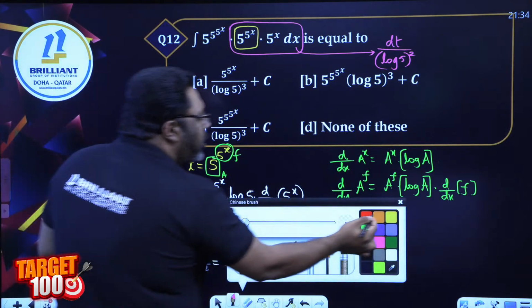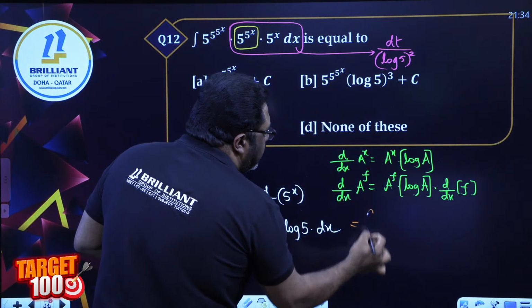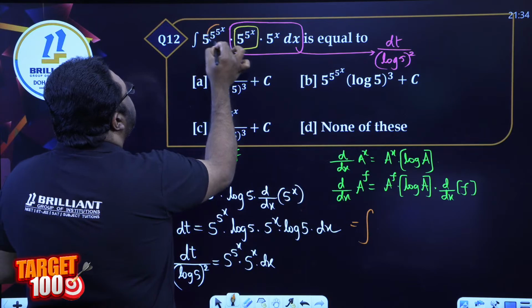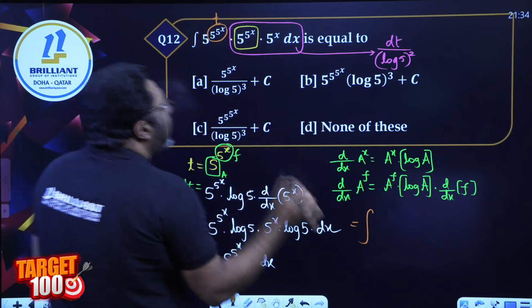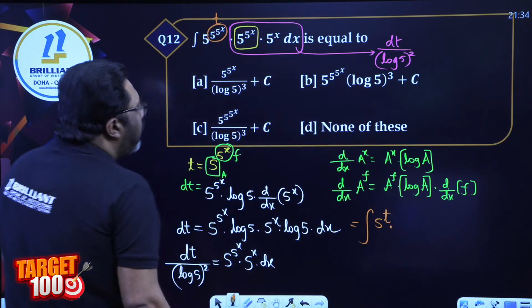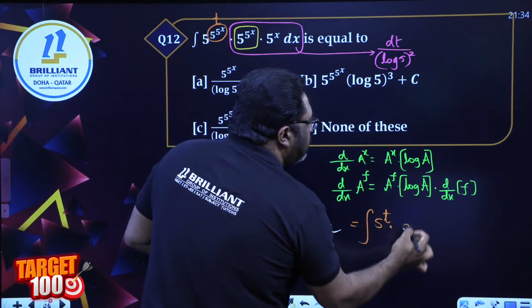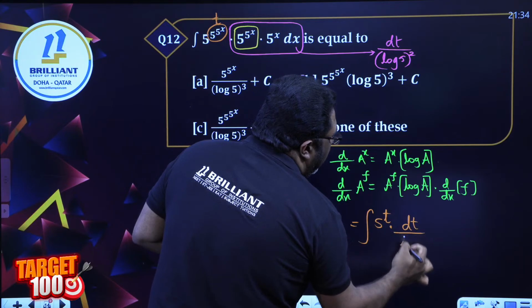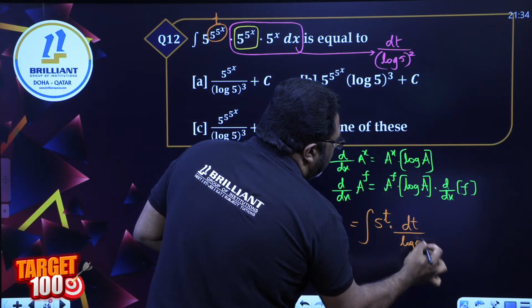Apply that and you will get your integration now, as this whole thing is t, my dear students. It is integral of 5 raised to t multiplied with dt by log 5 squared.